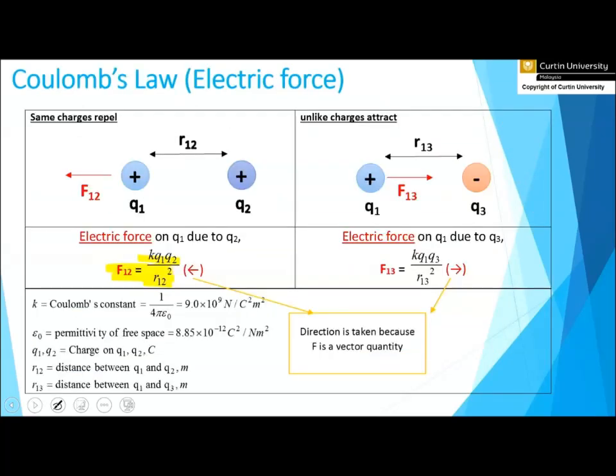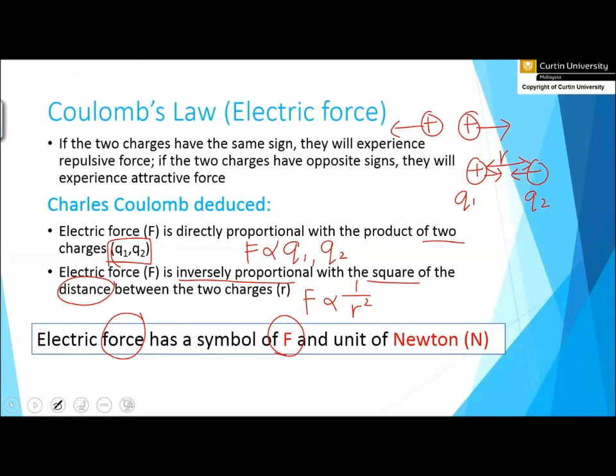Alright, so to find the magnitude of electric force, you already know from Coulomb's law that F is directly proportional with the charges Q1 and Q2, but inversely proportional with the square of the distance.